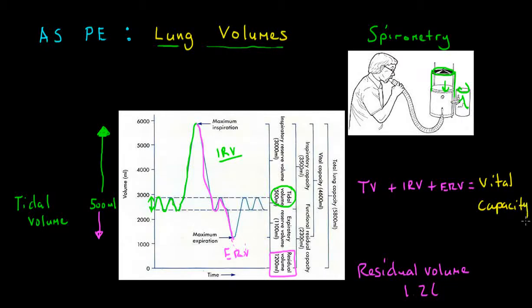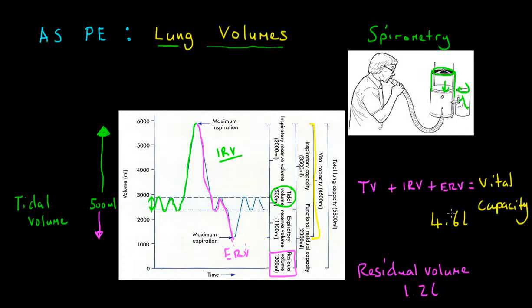You see it here: our vital capacity is our tidal volume plus our inspiratory reserve plus our expiratory reserve. It's around about 4.6 litres of air that we can get in and out of our system when we're exercising at maximal forced breathing.